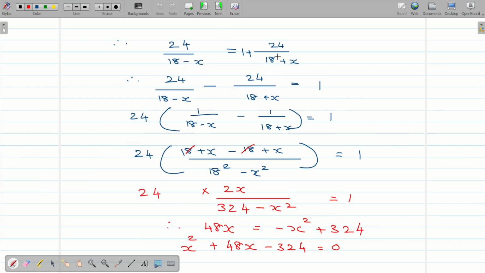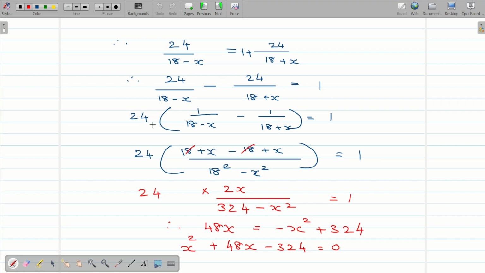Now bringing 24 upon 18 plus x to the left hand side, we get 24 upon 18 minus x minus 24 upon 18 plus x is equal to 1. The difference between the timings will be 1 hour.